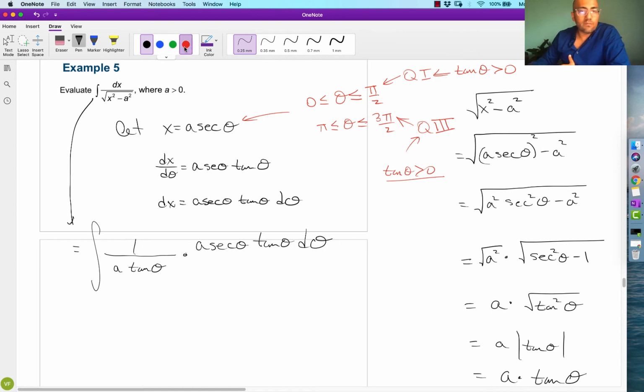Okay, which simplifies a little bit since the a and this a cancel, tangent of theta and tangent of theta cancel, so we're left with just the integral of secant theta d theta.